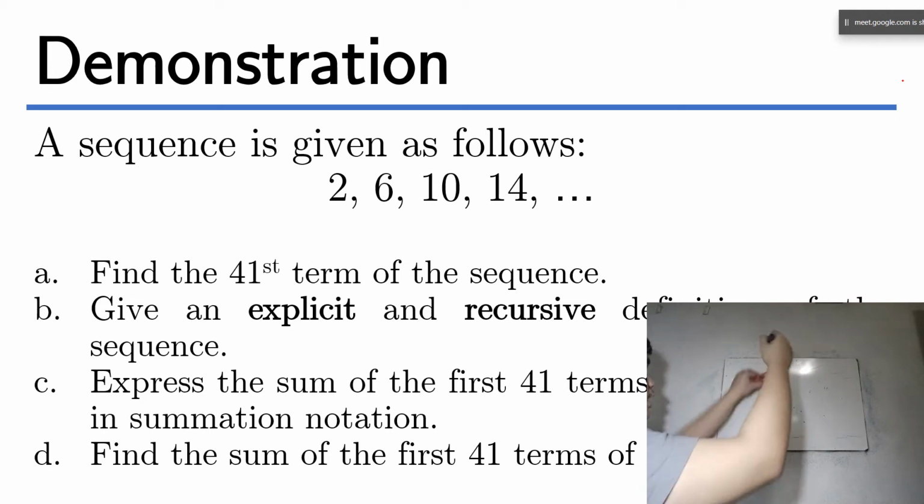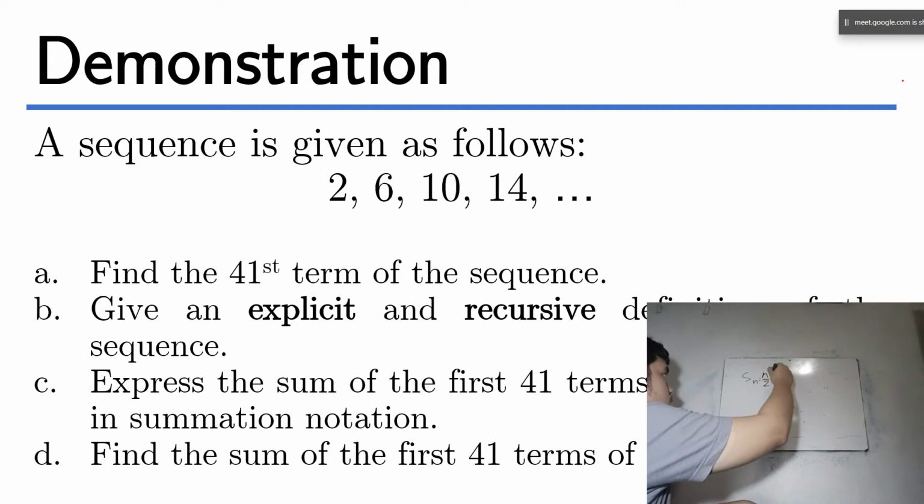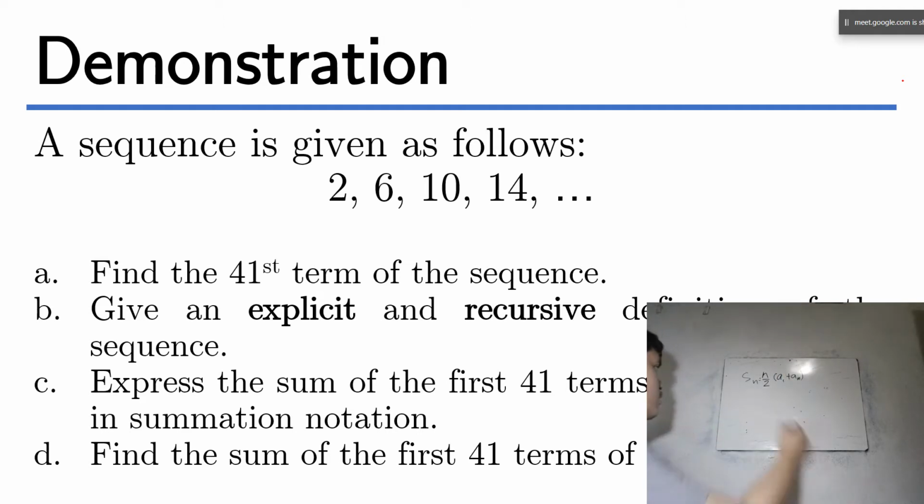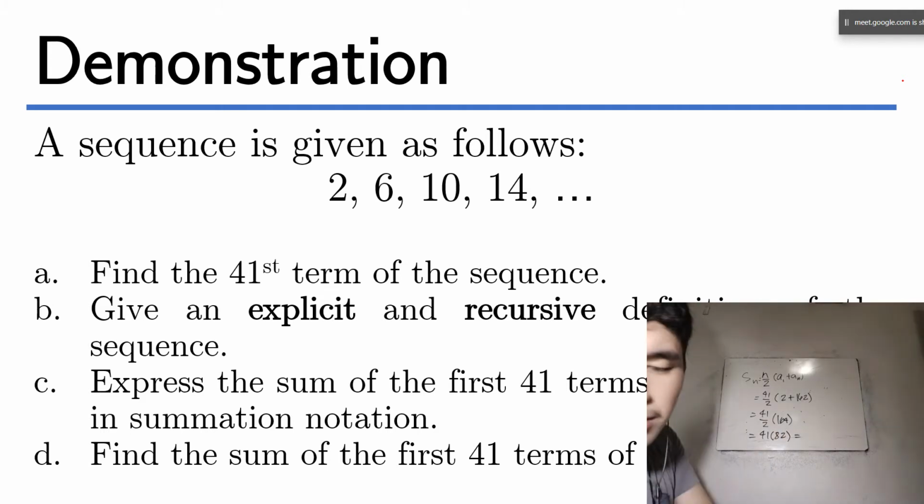S sub n equals n over 2 times A sub 1 plus A sub n, equals 41 over 2 times 2 plus 162, equals 41 over 2 times 164, equals 41 times 82, which equals 3,362.